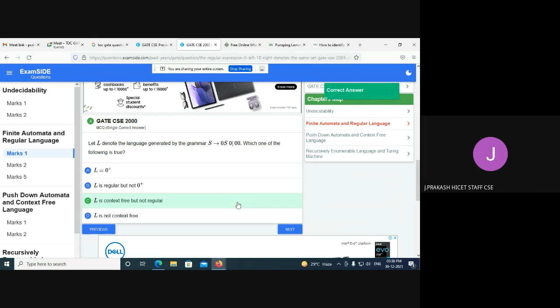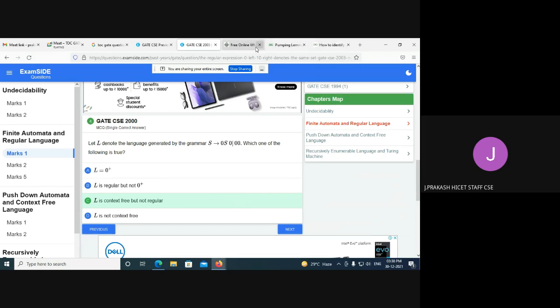How? Instead of capital S, you can replace the term n number of times. Then you will get an output 0 power i, i equal to 0 to infinity. So that means it is not regular.